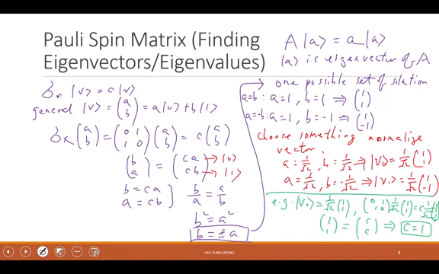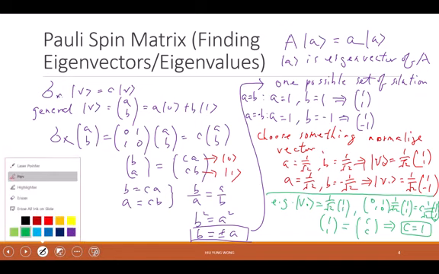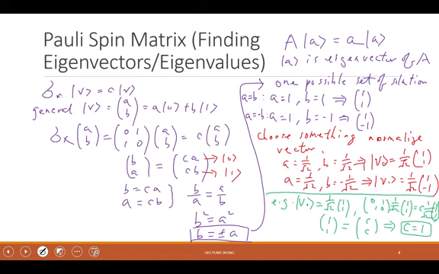And similarly, I want you to do it yourself. Similarly, the eigenvalue for v1 is negative 1.